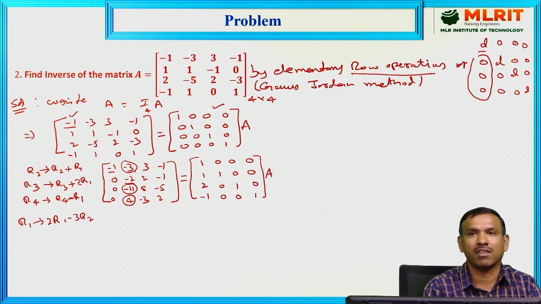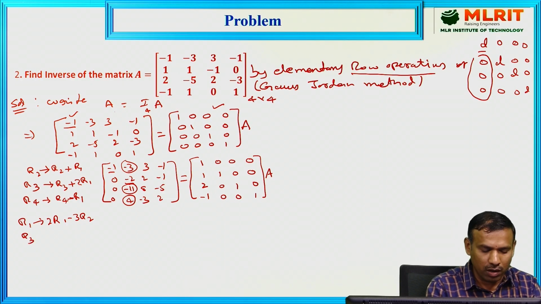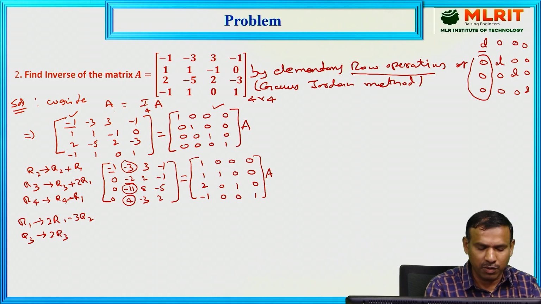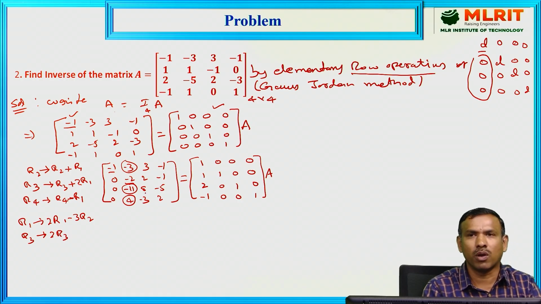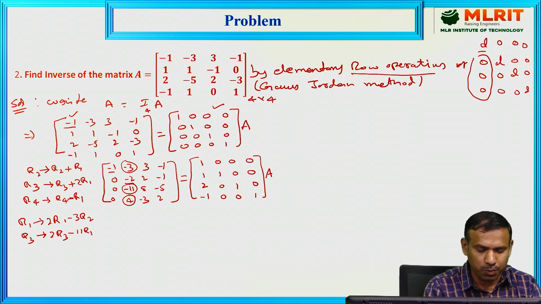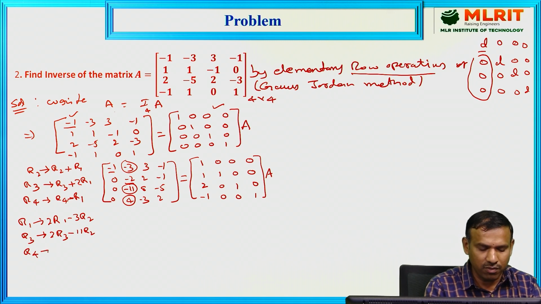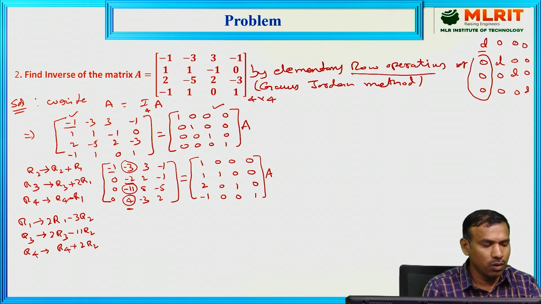Because 2 into -3 is -6, 3 into 2 is 6, and -6 plus 6 is 0. R2 we should not change. R3 becomes 2R3 minus 11R2, because 2 into 11 is 22 and 11 into 2 is 22, no common factor, so 22 minus 22 becomes 0. R4 is 4, so we have to make it double: R4 plus 2R2.